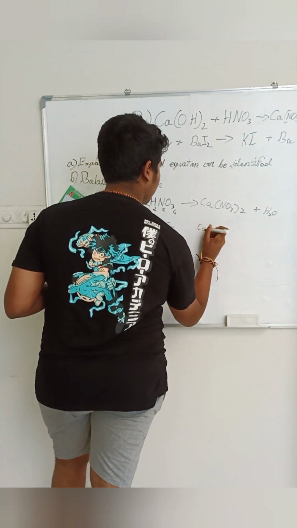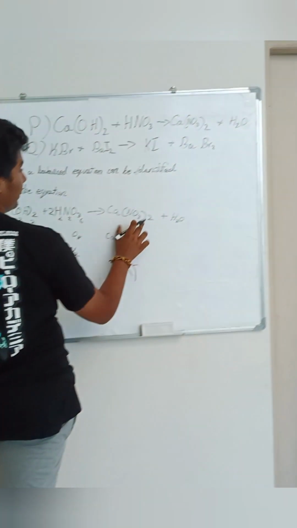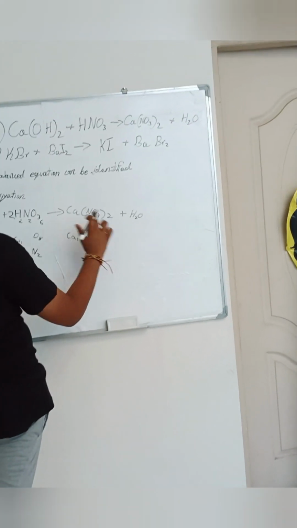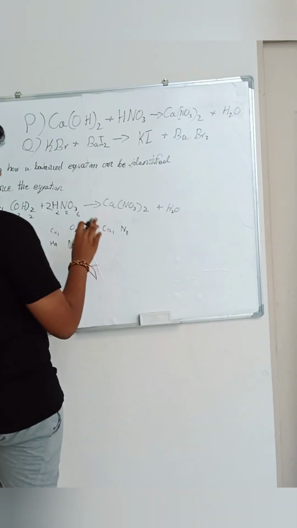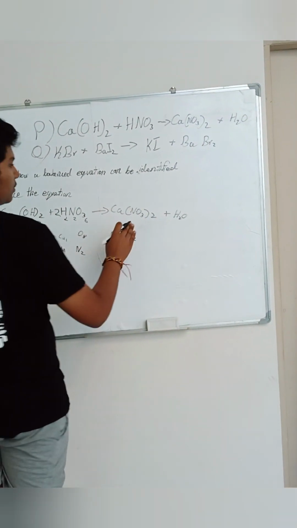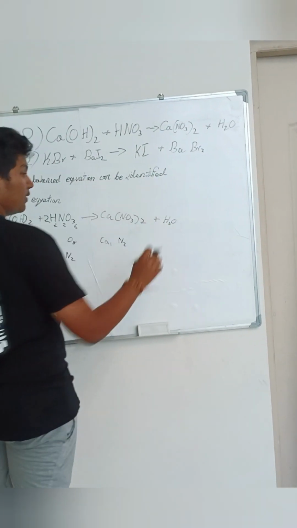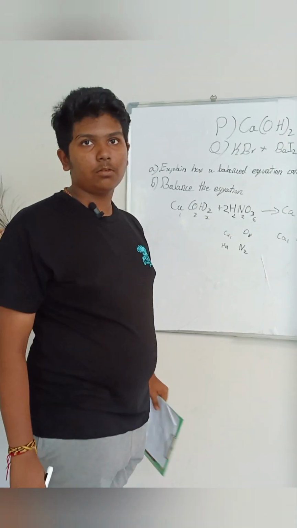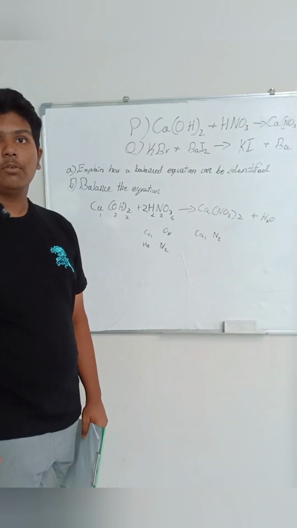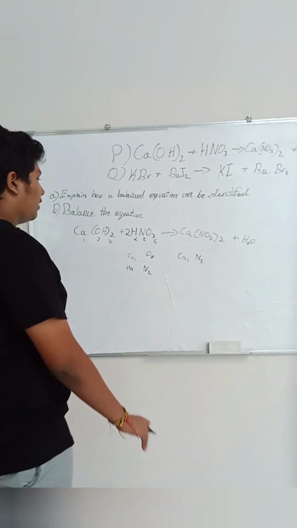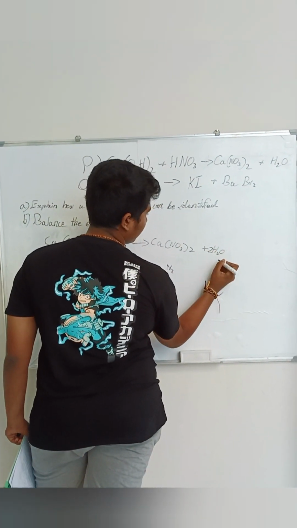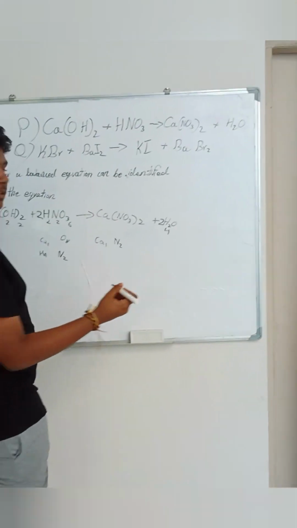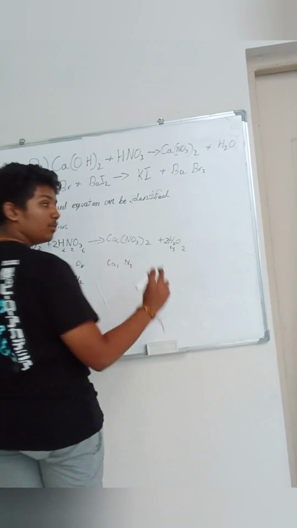Now for the product side, Ca is 1, which is equal. Now this 2 is there, so N is 2. So these both are now equal. O3 is O6, and then this one makes 7. So what do you do with it? We add another 2 there, because here also H is equal to 4. So if we put 2 here, we get 4, right? And here 4, here 2.